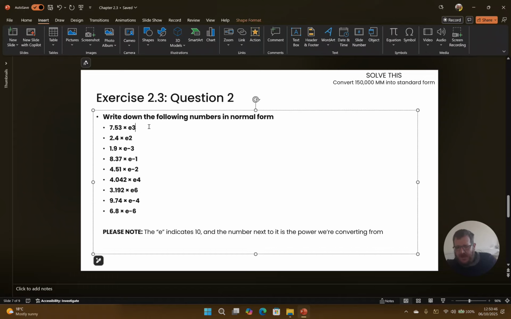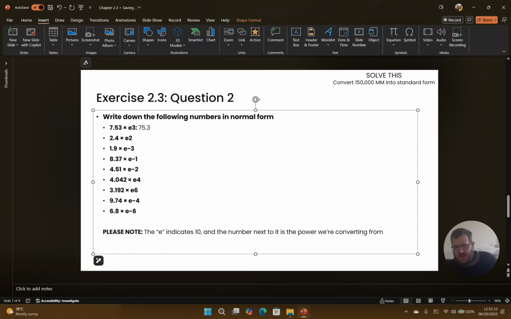Now we write these in normal form. So in this case, we start with 7.53 times 10 to the power of 3. So that's 100.